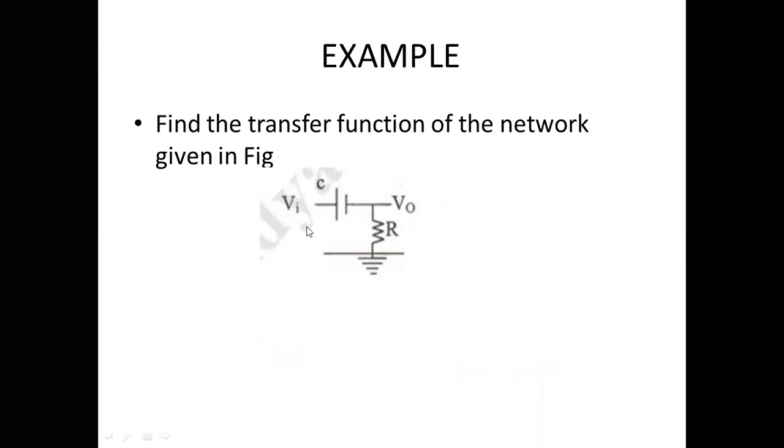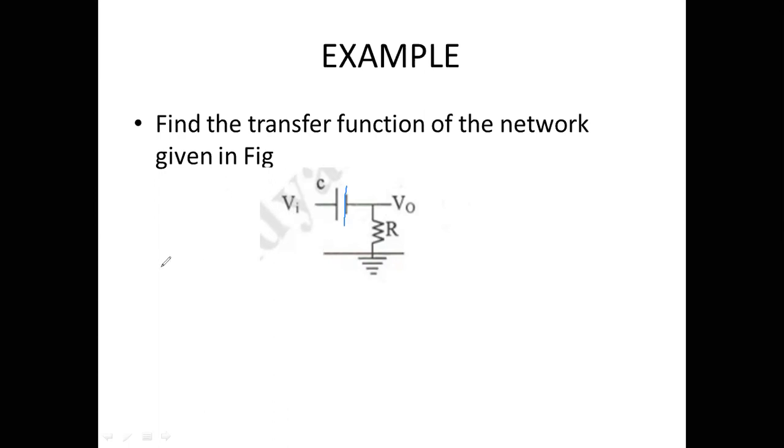The input applied voltage is VI, the capacitor is C, the output voltage is represented as V naught, and the resistance is R. We need to find the transfer function of the network. Transfer function means the ratio of the Laplace transform of the output to the Laplace transform of the input.